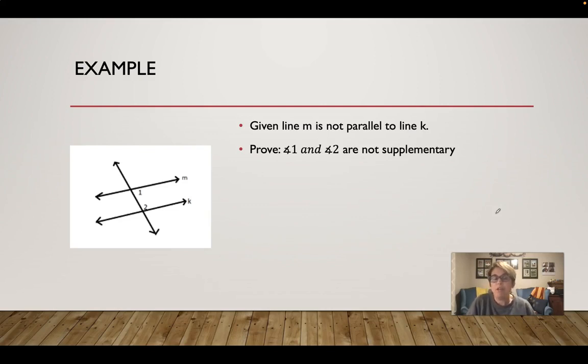We know that angle 1 and angle 2 are considered same side interior angles or consecutive interior. If those were parallel lines, then angle 1 and angle 2 would be supplementary. So the first thing we're going to do is assume angle 1 and angle 2 are in fact supplementary.